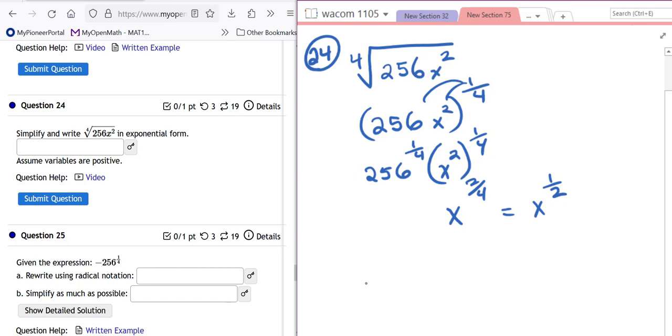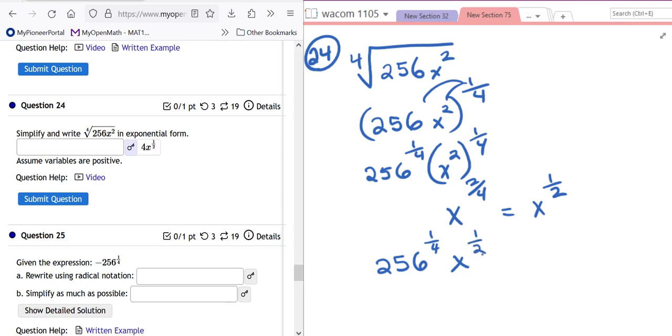So we actually have here 256 to the 1/4 and x to the 1/2. I'm not sure if they wanted you to do that much. That would make it easy. All right, yes, they wanted you to do that much, but they wanted you to do more than that.